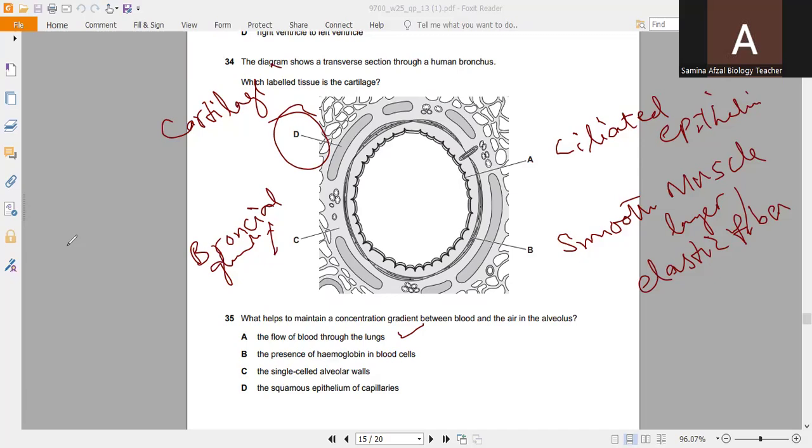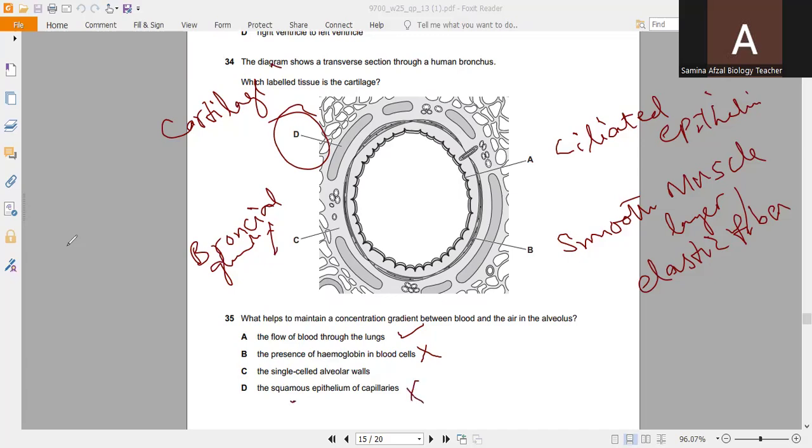Then, the presence of hemoglobin in red blood cells is not correct, because hemoglobin helps carry the oxygen but does not define the physical renewal of the gradient like circulation does. The single-celled alveolar wall and the other option describe structural adaptations that reduce the distance for diffusion, but they do not actively maintain the concentration gradient itself.